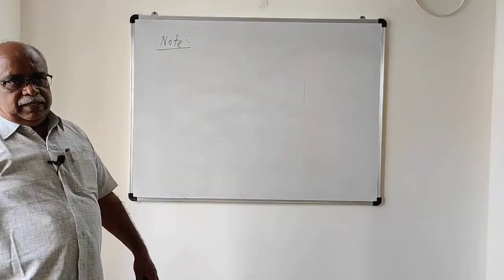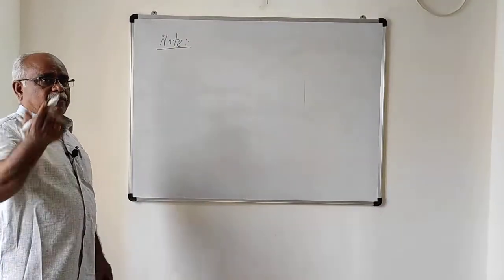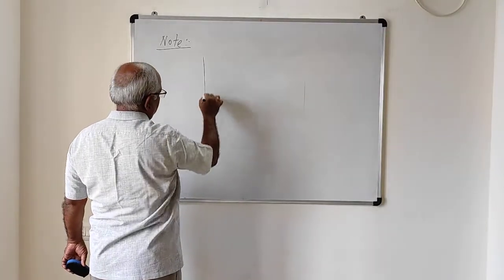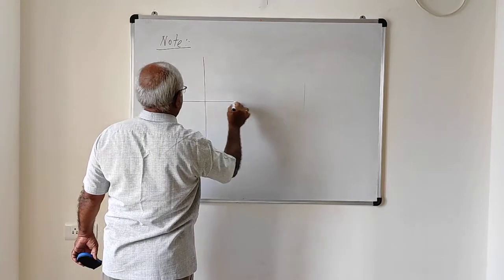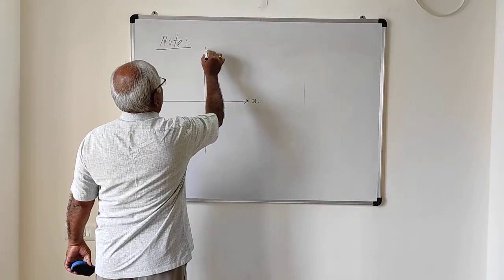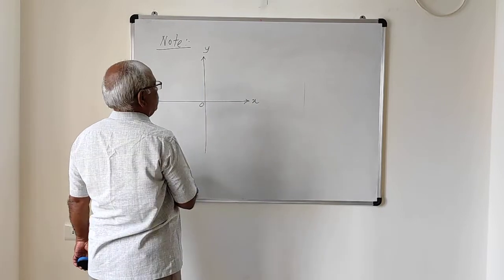If a complex number Z is multiplied by the imaginary unit i, consider this is the real axis x, this is your imaginary axis y, this is the origin.